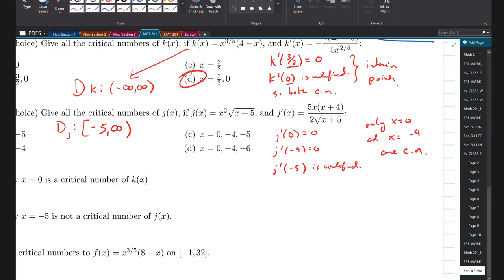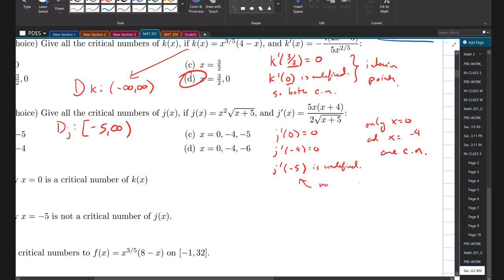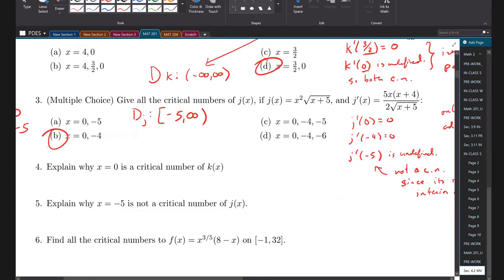It's a boundary point, and so -5 is not a critical number, since it's not in the interior of the domain of the original function. So our only two critical points for this are 0 and -4.